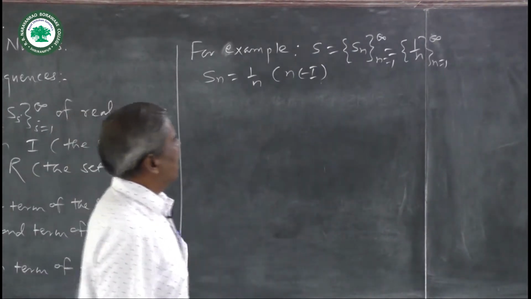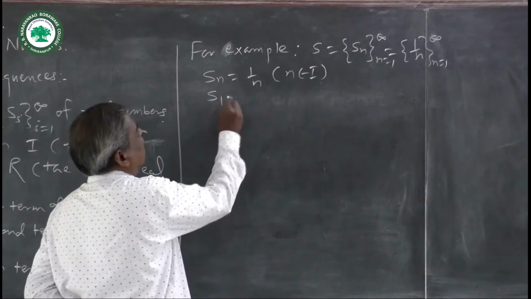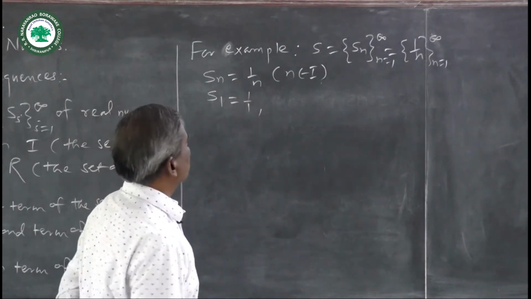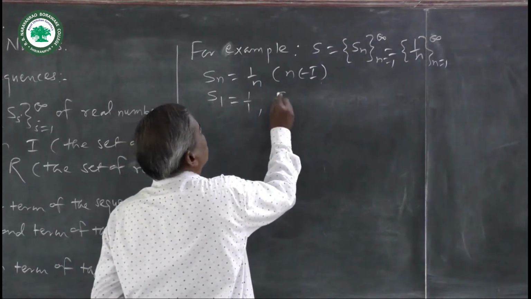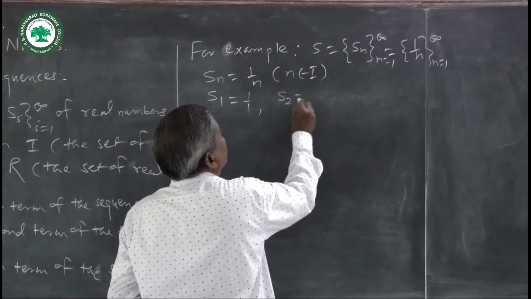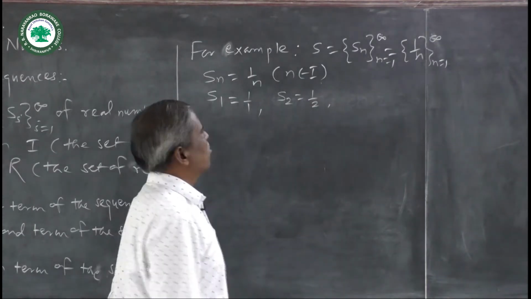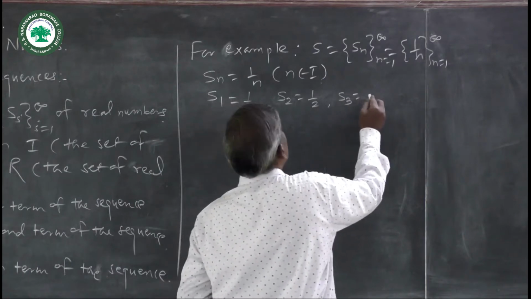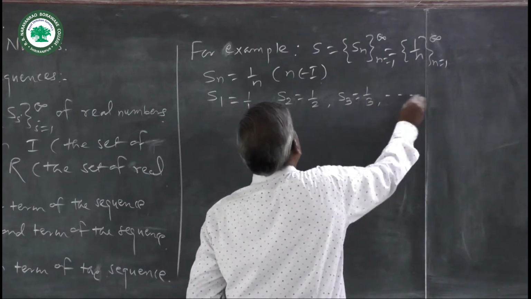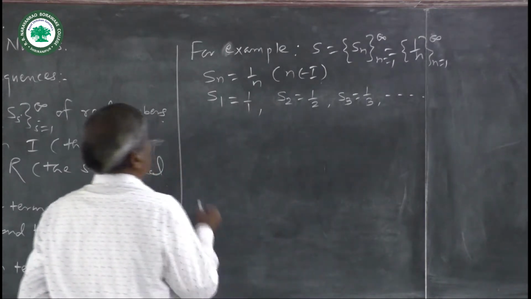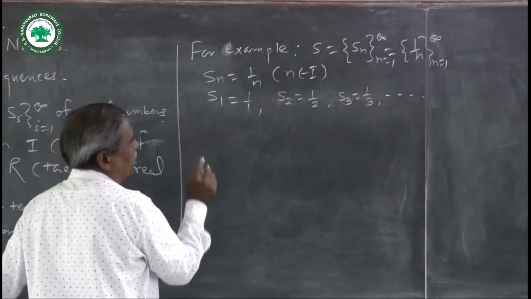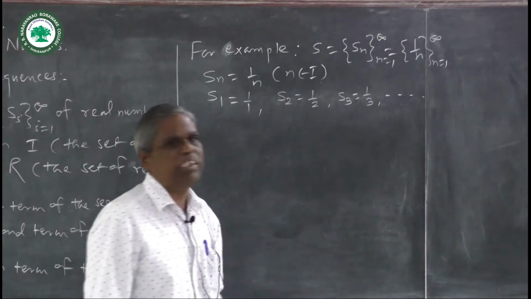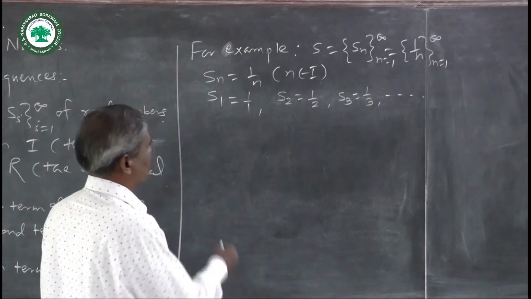If n is equal to 1, we obtain S1, which is equal to 1 by 1. For n is equal to 2, we obtain S suffix 2, which is equal to 1 by 2. For n is equal to 3, we obtain S suffix 3, which is third term of the sequence, 1 by 3, and so on. S operates on 1, it gives S1. S operates on 2, it gives S2. S operates on 3, it gives S suffix 3, and so on.